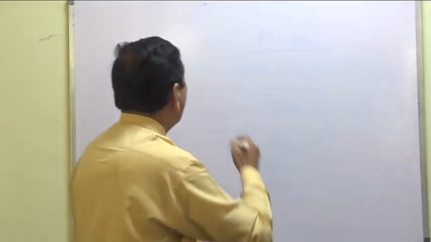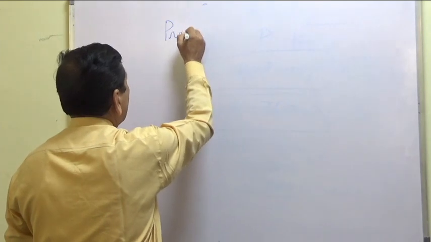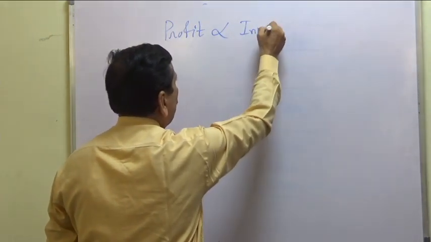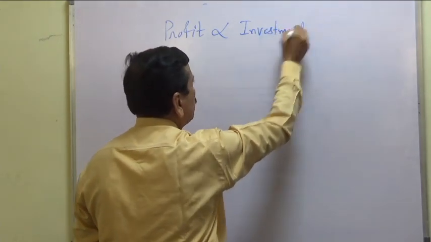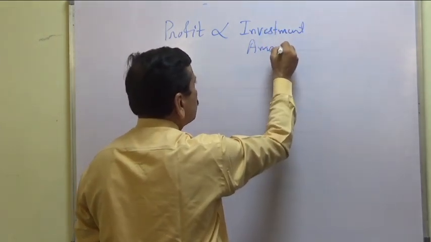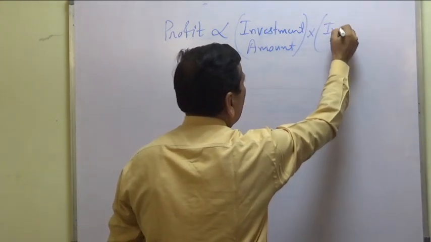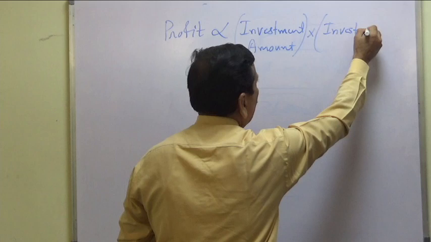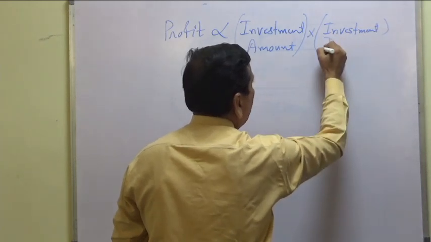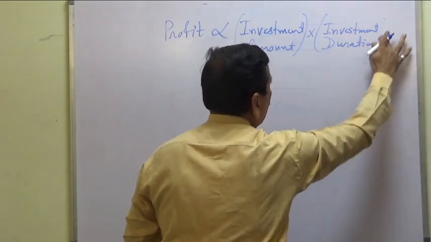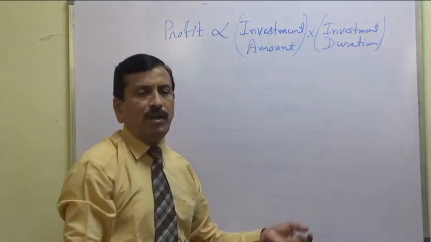So I can say that profit is proportional to investment amount into investment duration, amount and duration.